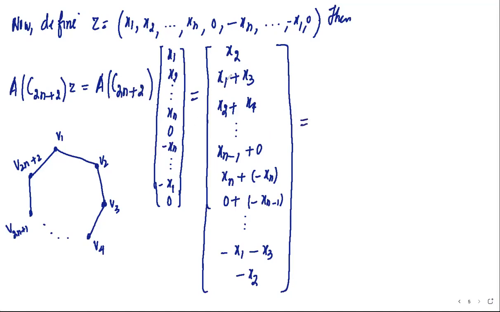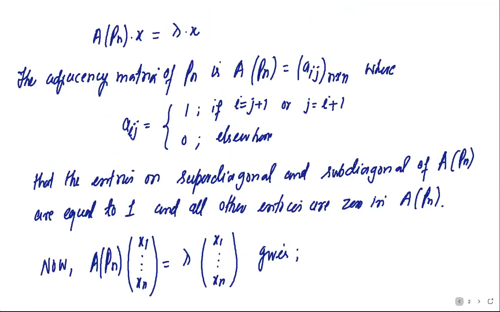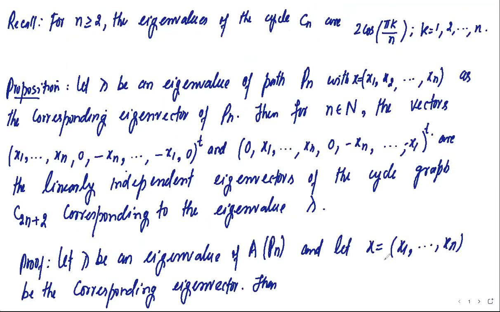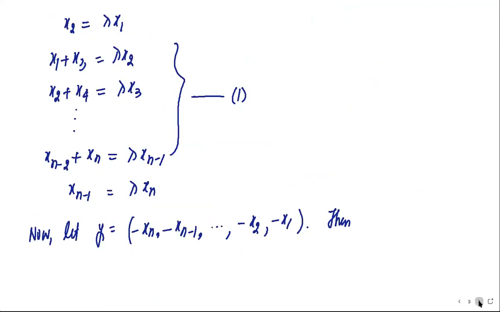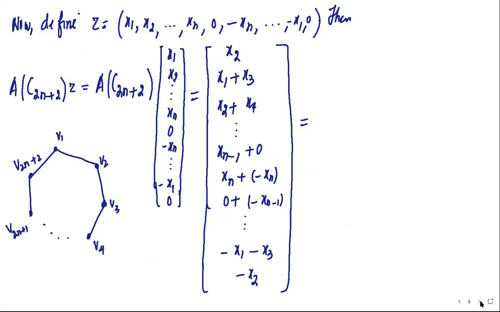But now looking at the system of equations which was given by the path matrix. Looking at this system again, x2 is equal to lambda x1. So this first x2 we can write as lambda times x1, and similarly here minus x2, we can write as minus lambda times x1.